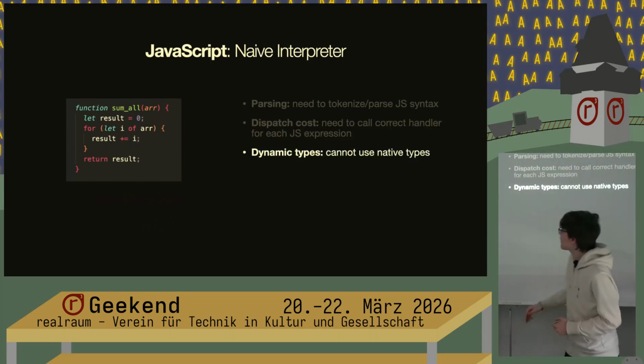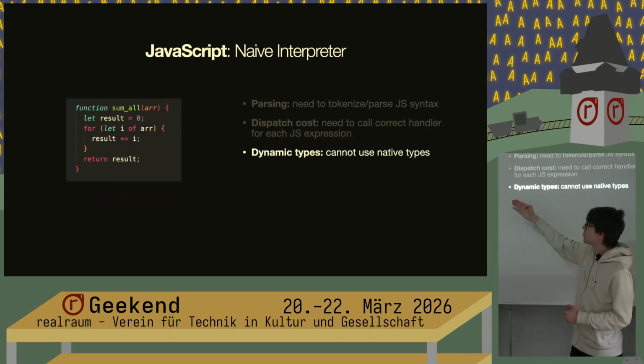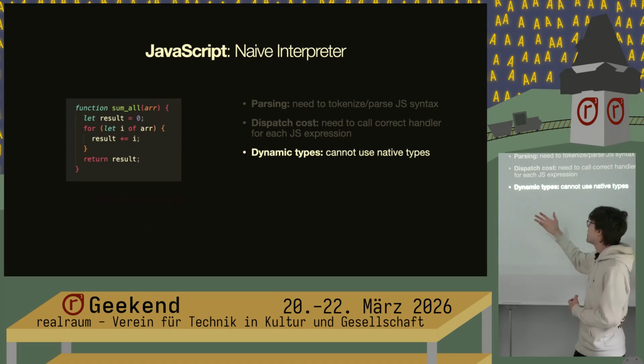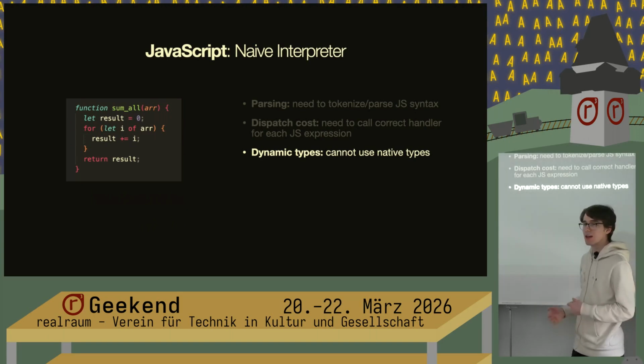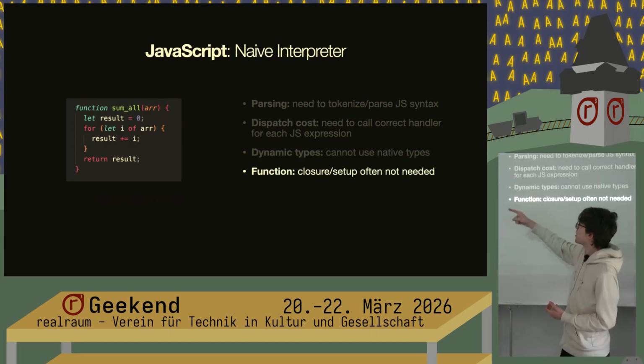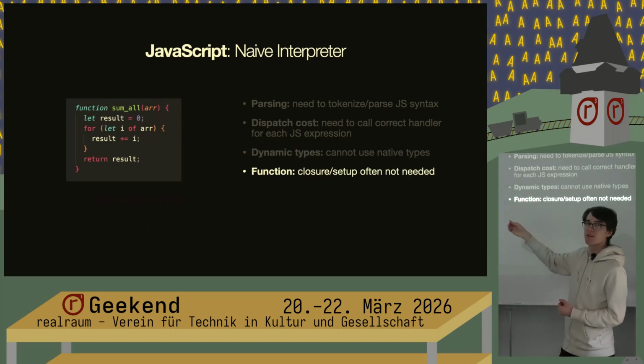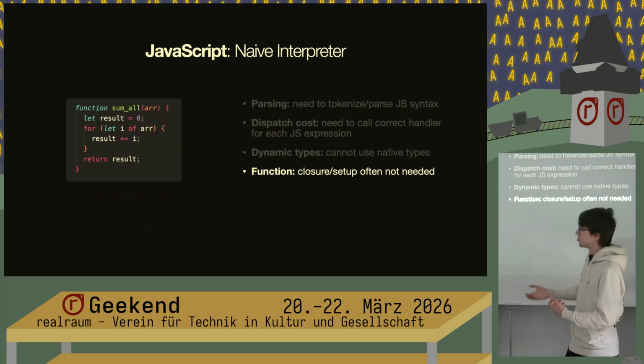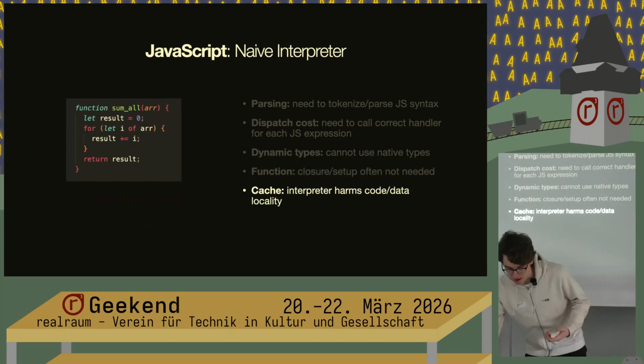Then we have the problem that we have dynamic types. Each one of those variables that you see there is not really typed, it's typed dynamically, so the interpreter cannot make any assumption about what is being passed. And also, functions in JavaScript are complicated. They are closures. They need setup, and they need destruction, and there is the garbage collector.